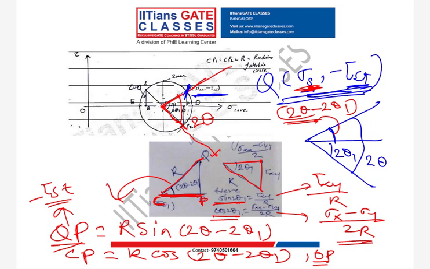OP is nothing but your sigma. This distance is your sigma. The x coordinate of point Q is your sigma. Am I correct? The x coordinate of point Q is sigma, which is OP. Now OP is OC plus CP.